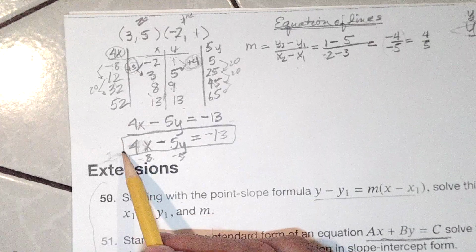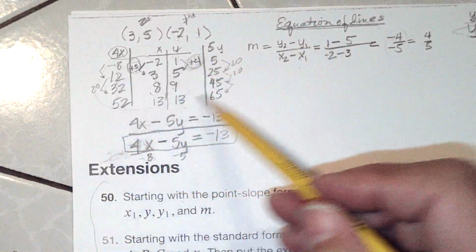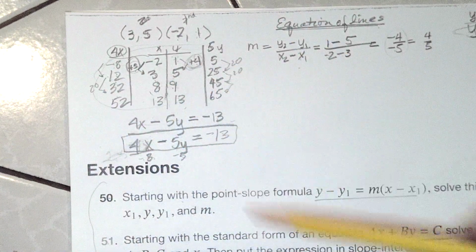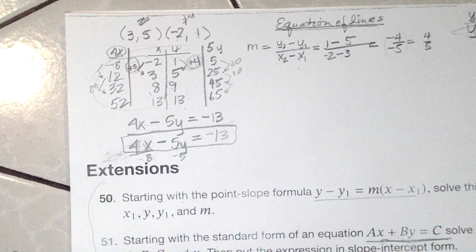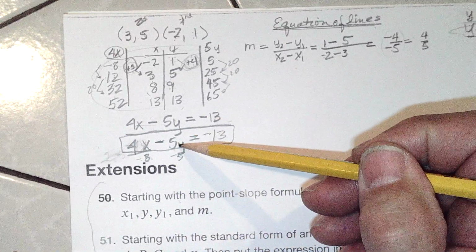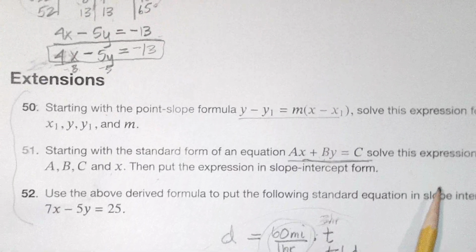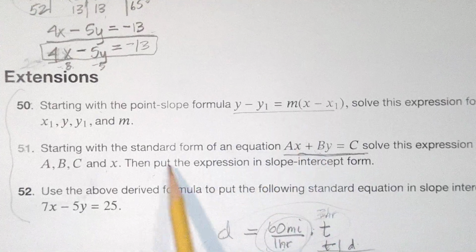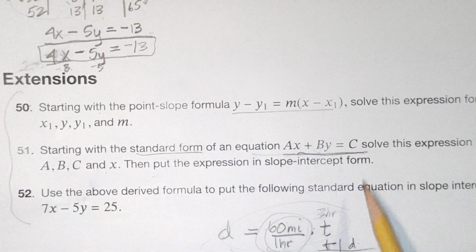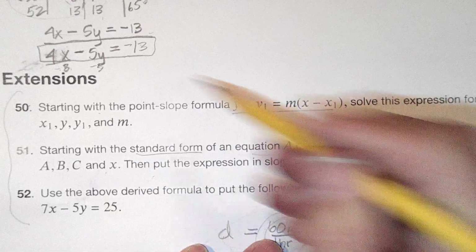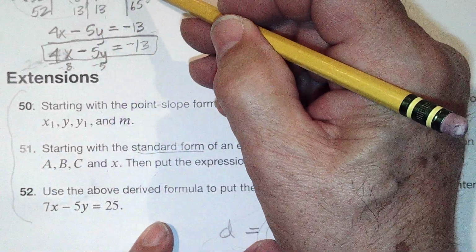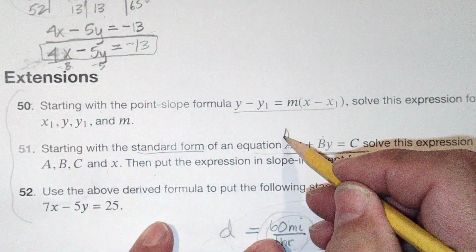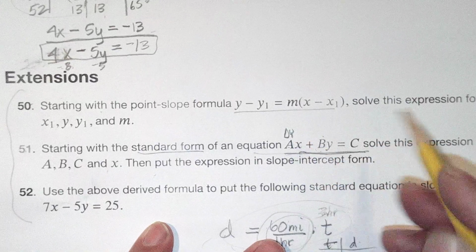So I don't need to do all this. This was just kind of an explanation of how this works, and I can get this equation in my head. What they want you to see by doing this standard form of the equation of a line is that A is the change in y, and it's times the x.